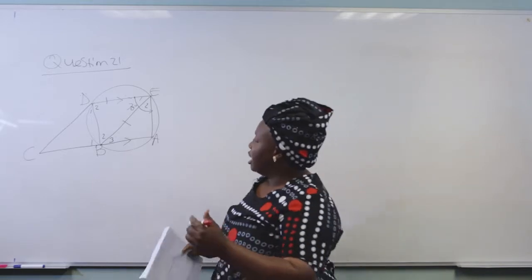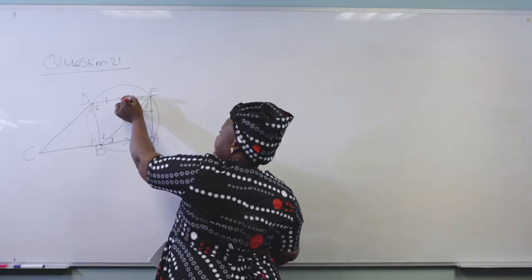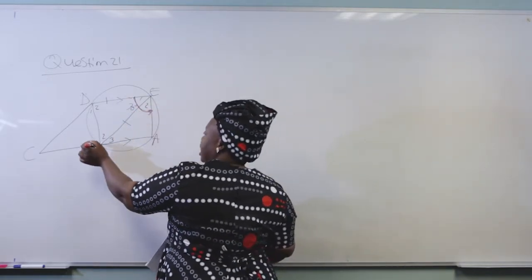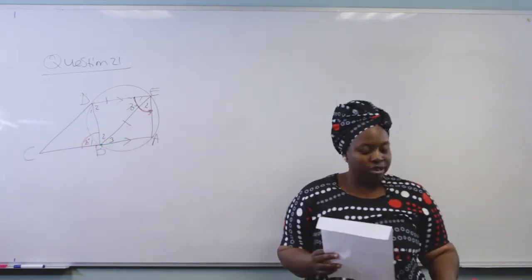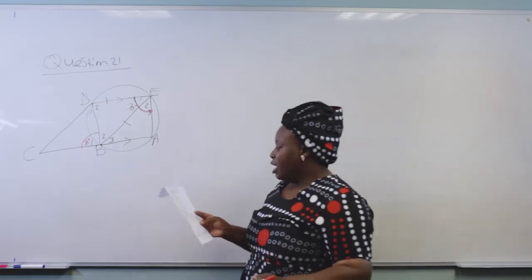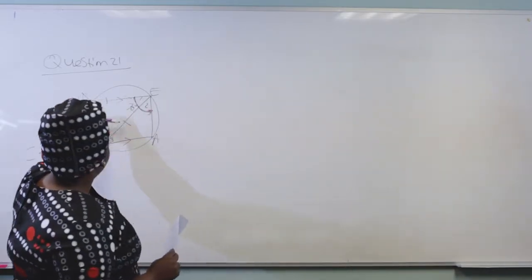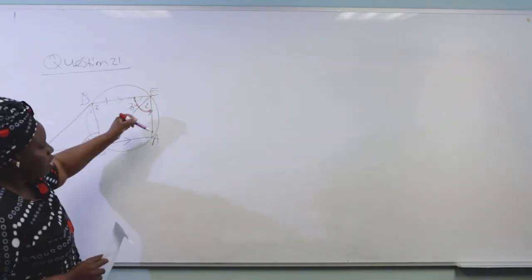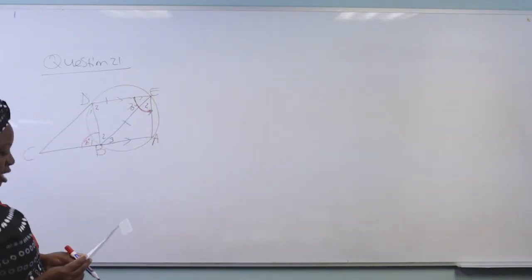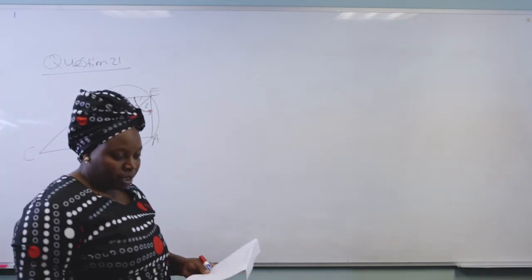So let's see if we can allocate the information. This angle there is 70, and that will make the angle there also 70, an exterior angle equal to the opposite interior angle. And we are given that this line is equal to that line, and also we have alternating angles and other factors of parallel lines.